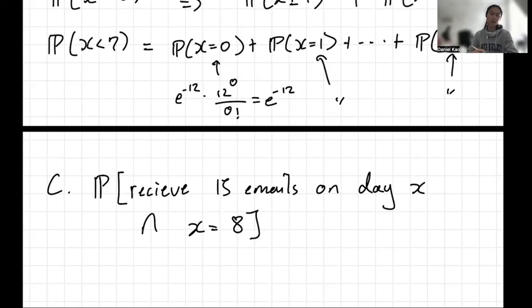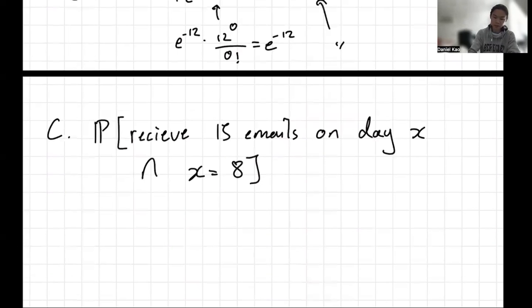We're looking for the 8th day. Okay, well, this looks pretty horrible and very annoying. But one interesting thing is that we now have this X variable here, along with this general probability statement. So that should make us think, okay, maybe multiple distributions are involved in this thing.